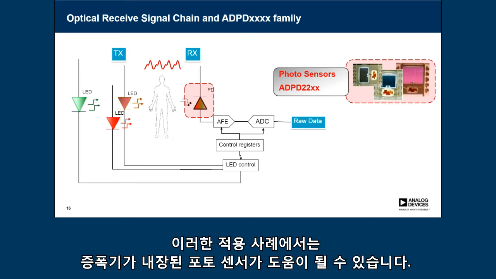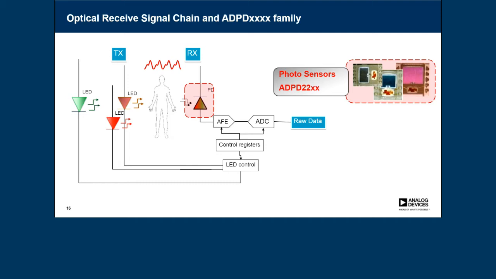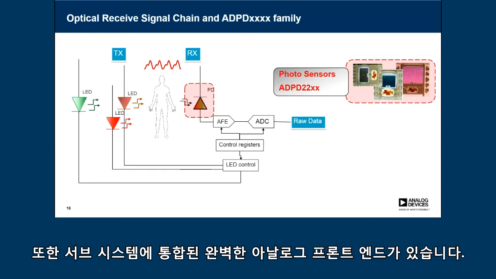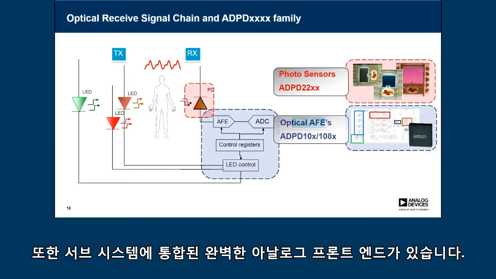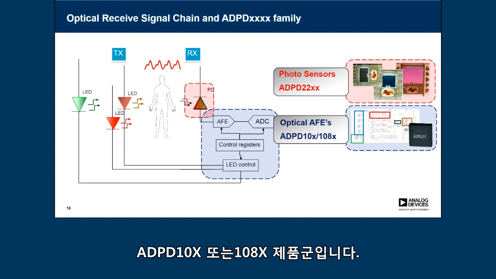For those use cases, an additional photo sensor with an embedded amplifier might be of benefit for you. We also have the complete analog front end integrated in a subsystem, and that's the ADPD 10X or the 10-8X family.